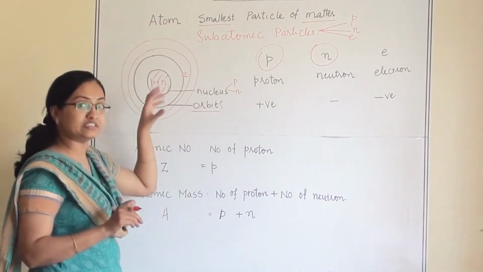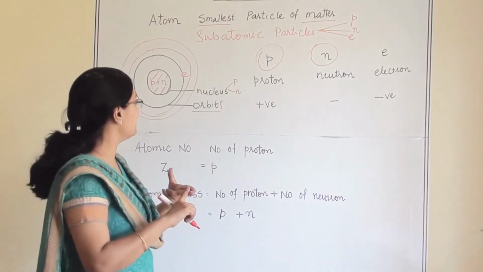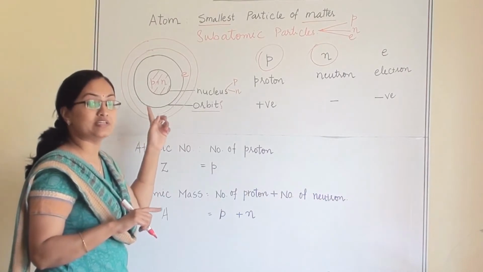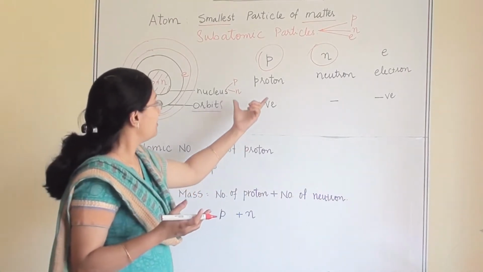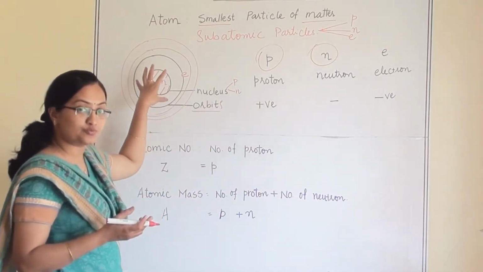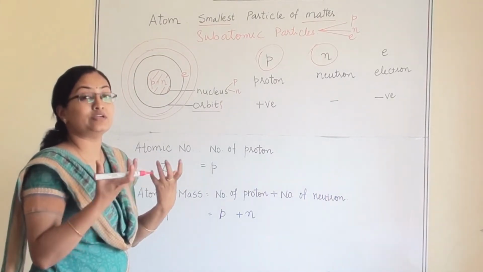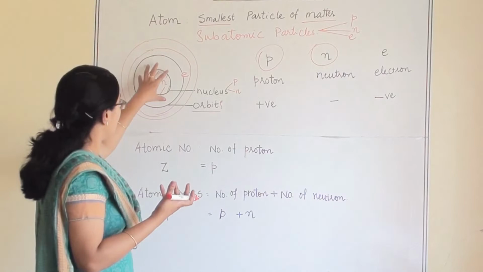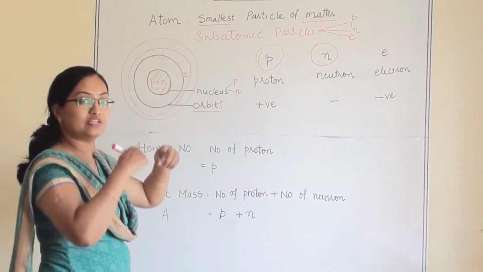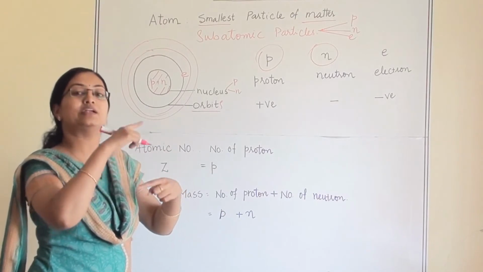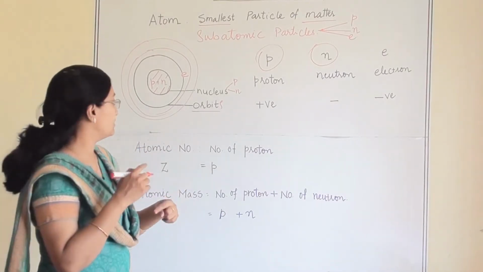Why will the electron rotate? Because inside, positively charged protons are there, so they are attracted towards each other. Positive, negative. Because of the force of attraction, the electrons rotate around the nucleus.